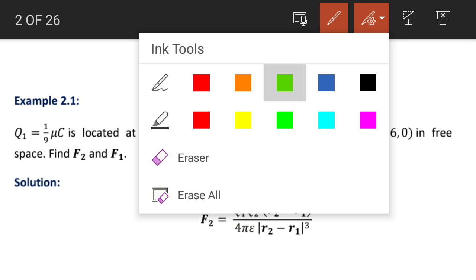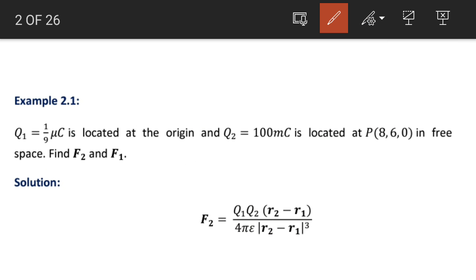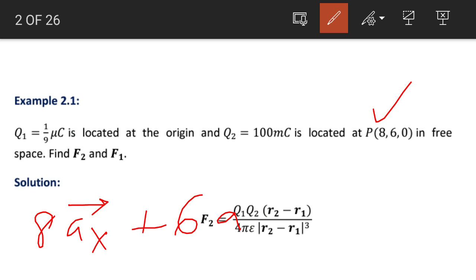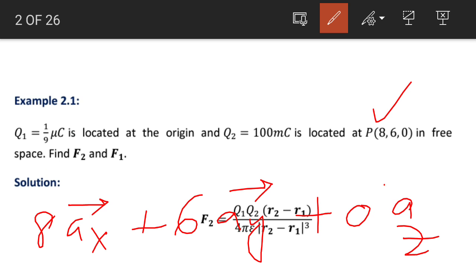R2 is the position vector of Q2, and it will be equal to 8AX plus 6AY plus 0 AZ. This will be R2. So definitely R2 minus R1 will be equal to 8AX plus 6AY plus 0 AZ.